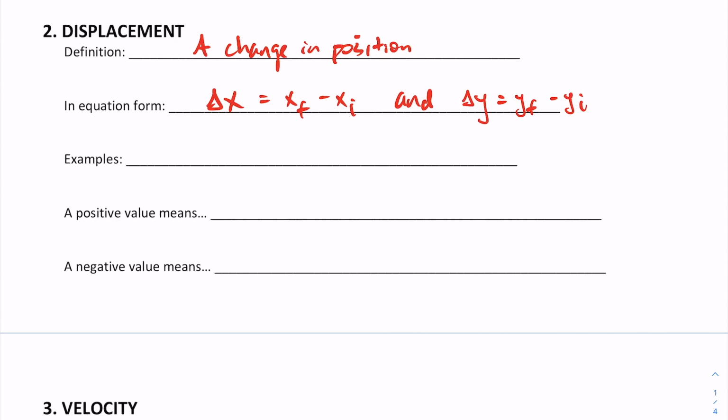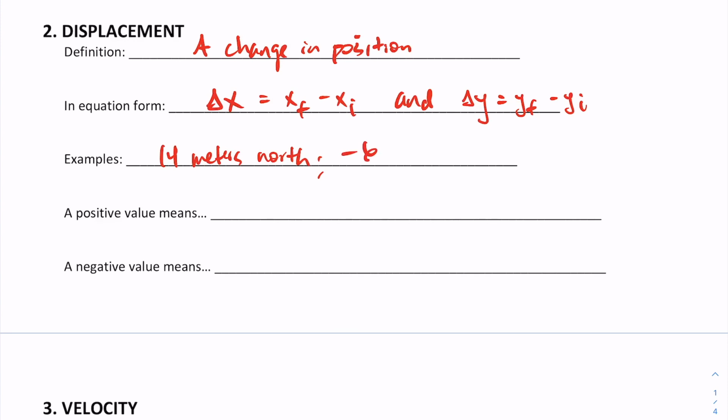For example, the displacement of an object can be 14 meters north, which I know was the example that I used before, but this time it means that the object is moving 14 meters north, not necessarily that it's located 14 meters north, or that its displacement from one time to another was 14 meters in the north direction.